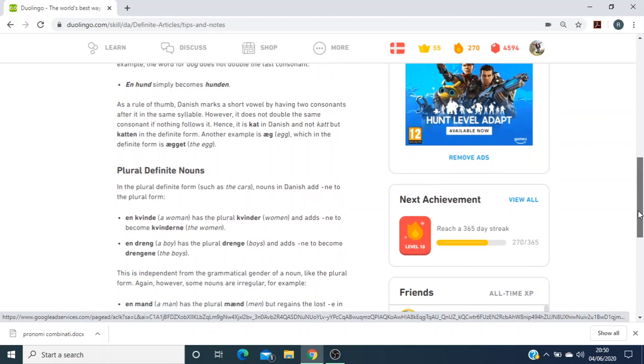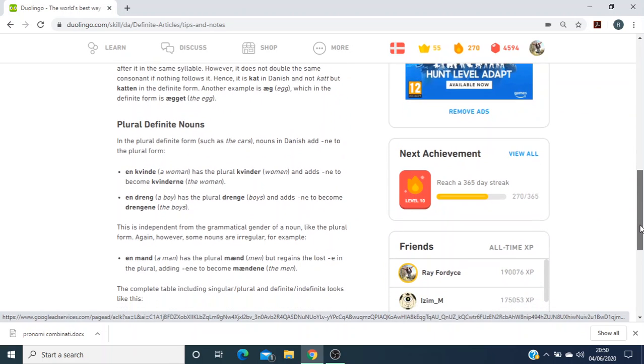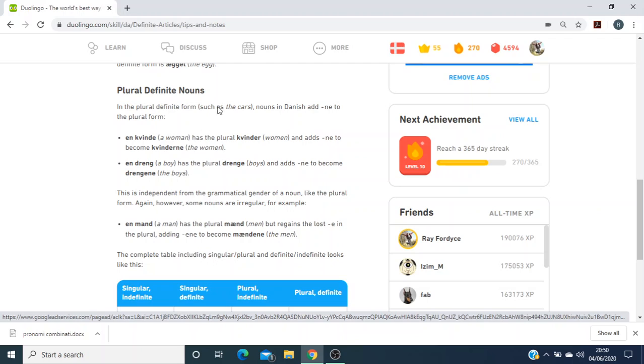So, plural definite nouns. In the plural form, nouns in Danish add ne to the plural form. The example here is en kvinde, a woman, which has the plural form kvinder, women, and adds ne to become kvinderne, the women.